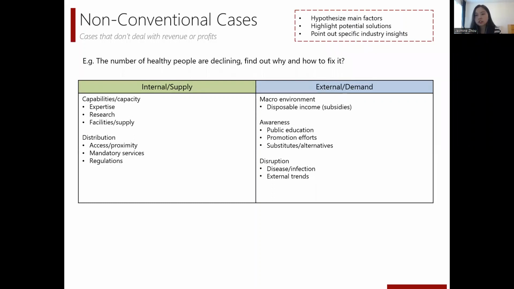Substitutes or alternatives that people are turning towards rather than regular checkups or doctor appointments. And disruption: is it because there's a current outbreak of a disease or an infection that is causing this? Or external trends, more and more people are becoming obese, unhealthy eating habits, etc. So that is how I would deal with a non-conventional case like that.